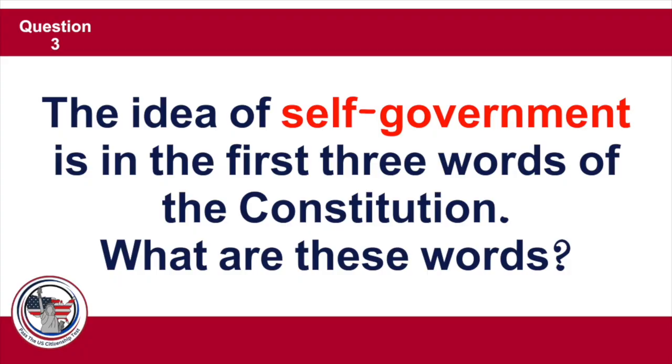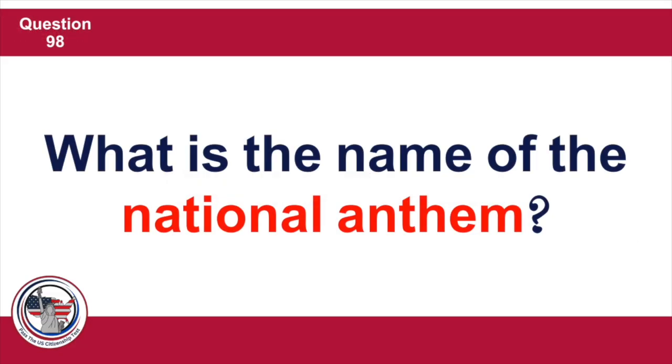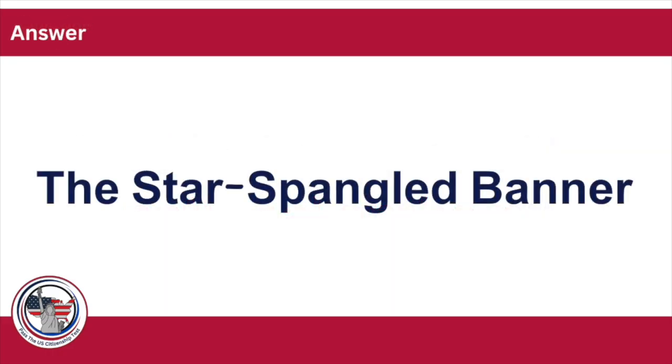The idea of self-government is in the first 3 words of the Constitution. What are these words? We the people. What is the name of the national anthem? The Star-Spangled Banner.